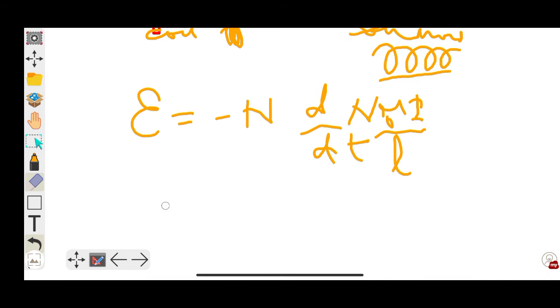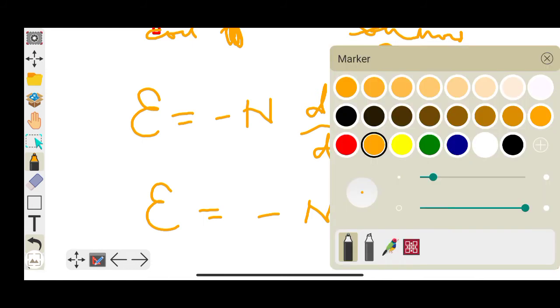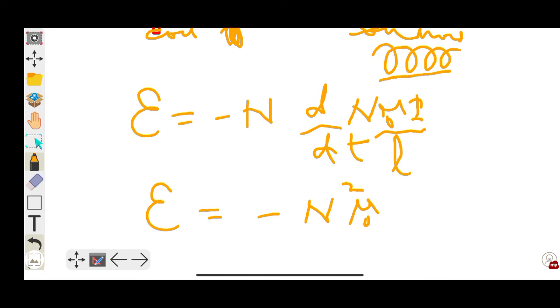So you can also write this as EMF is equal to minus n square, n is number of turns, then mu naught, that's a constant depending upon what material you are placing inside the solenoid, and then di upon dt.